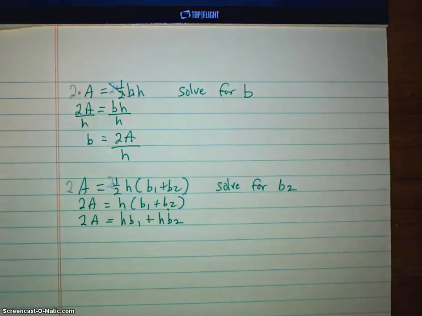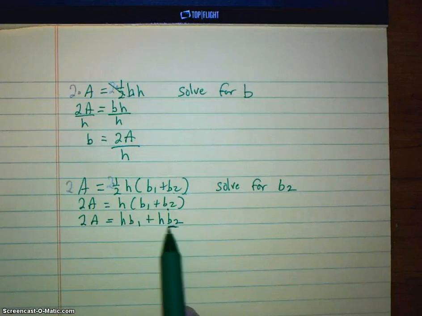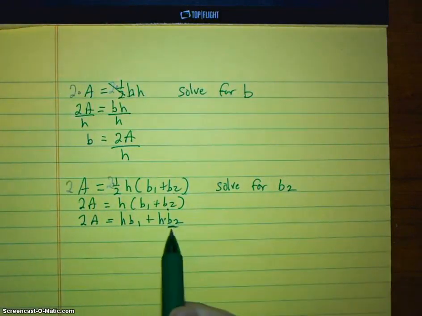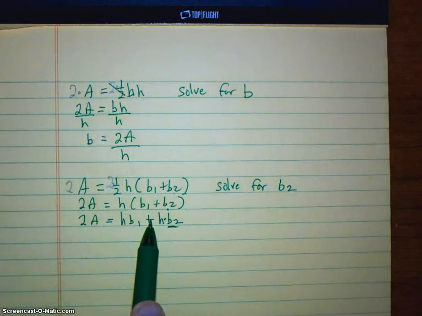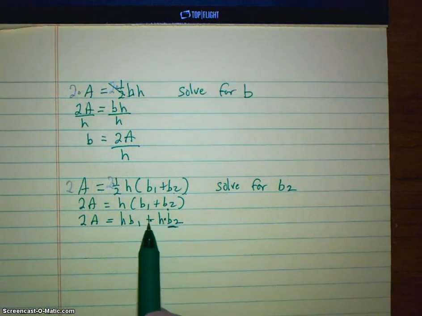All right, so again, I'm trying to get this b2 all by itself. I notice that this b2 is connected by a multiply right there, and it's also connected by an add. So when things are connected by a multiply and connected by an add, we do the adding and subtracting first.